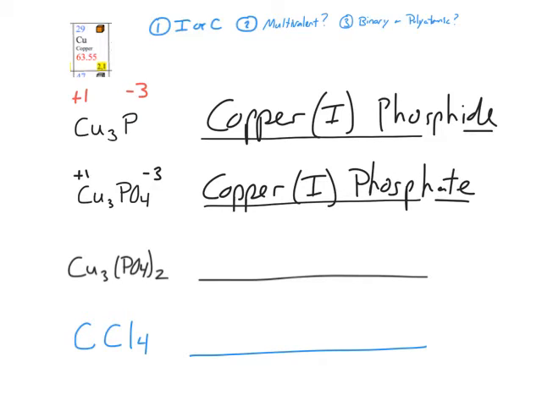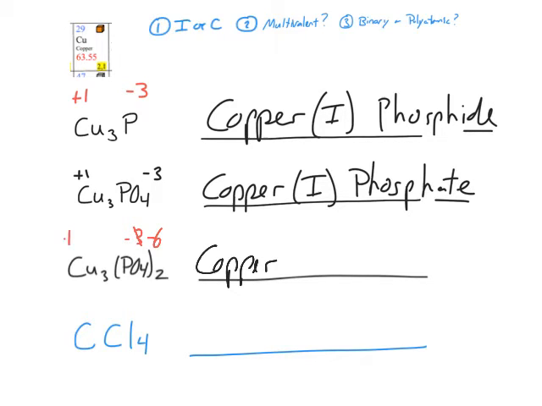Hopefully for this last one, you've noticed some similarities. We are again using charge. We have a -3 charge for phosphate. We know we're dealing with copper as the metal, but copper may have a different charge in this compound. To make sure, we're going to look at the negative charges. Right now, I have 2 -3s, so that becomes a total of -6.